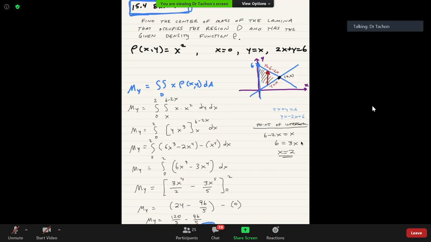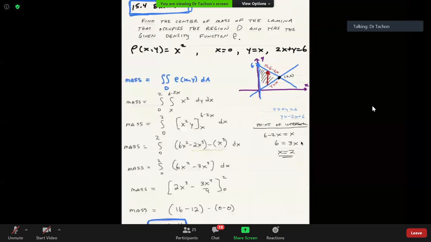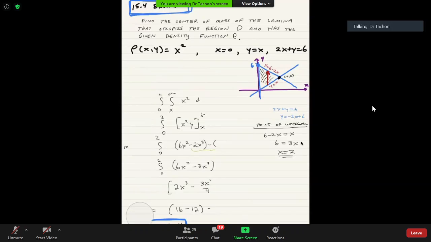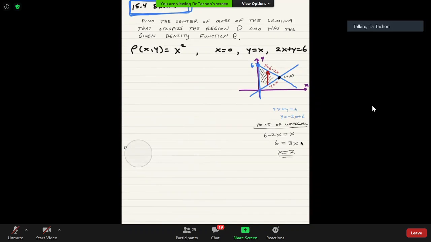I'm pasting this page so I can make all this go away, because we have that on the previous page. This problem has taken us 4 pages to do.